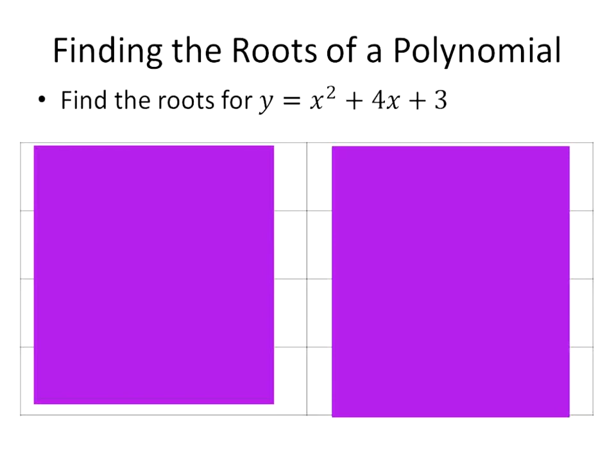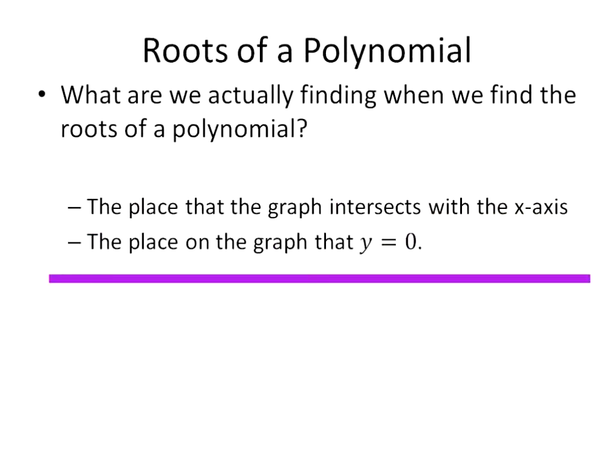What do you guys think about that? If we know that the roots are the place on the graph where y equals 0, does it make sense to put 0 in for y? Anthony, what do you think? Does it make sense? Why do you guess that?